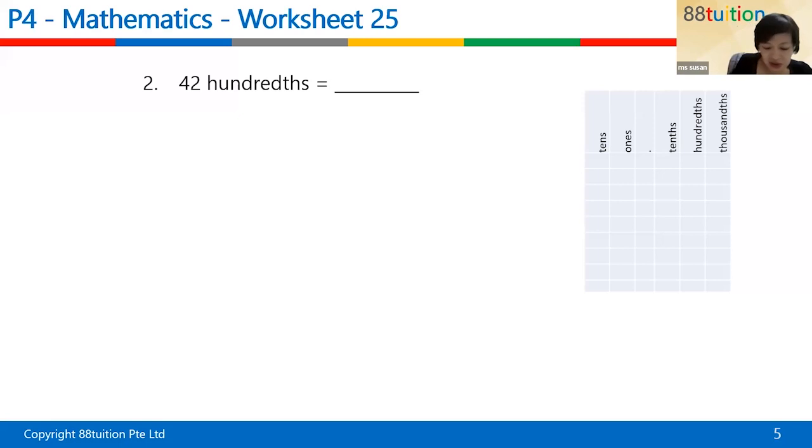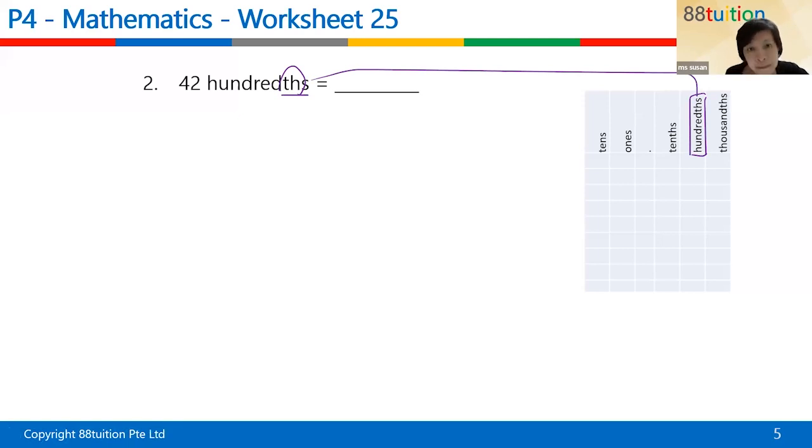Okay, hundredths. So now I have the THS. Where's the THS for hundredths? Oh, now I know the answer. So this one will be here. Am I right?